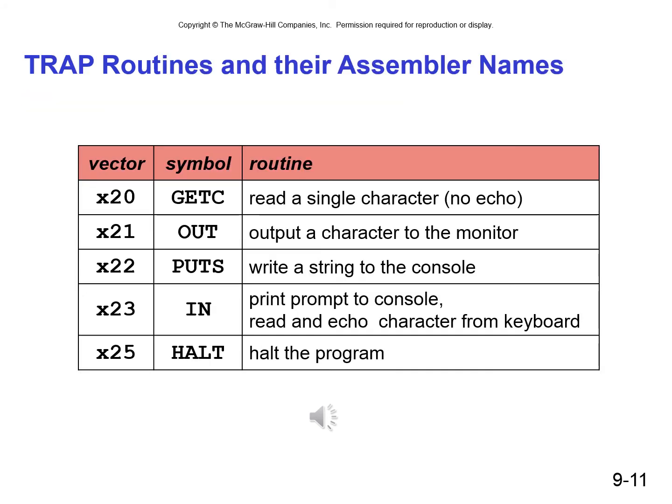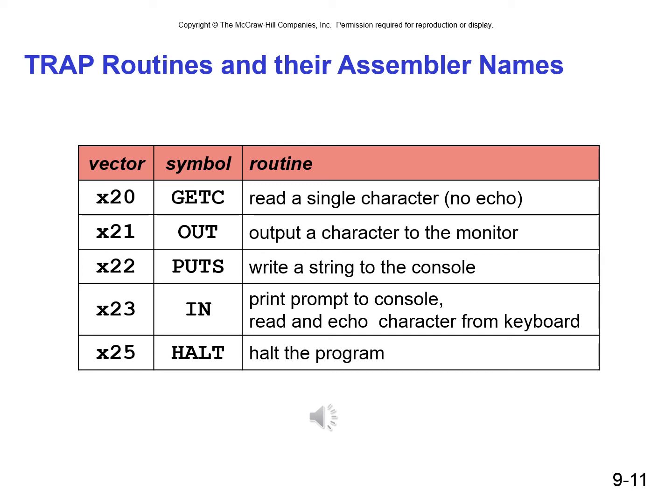Here we have a list of the trap routines, their assembler names, and their address in the trap vector table. GetC, which reads a single character without echoing. The address of the start of that trap routine is stored at hex 0020, which is in the trap vector table, also called the system control block.